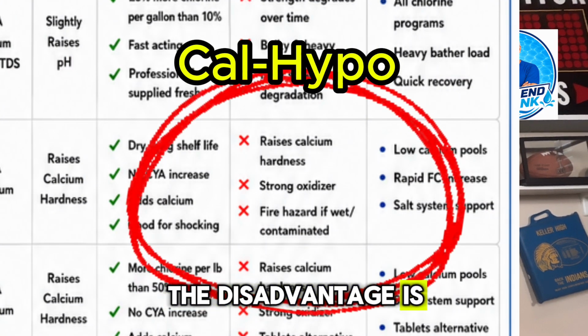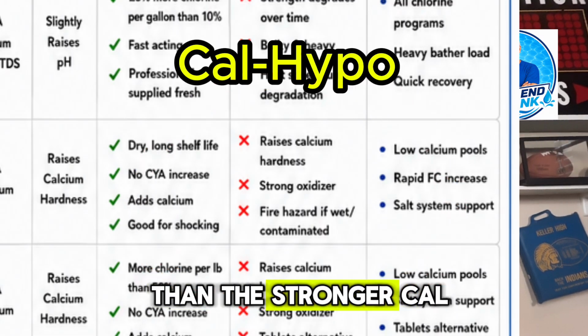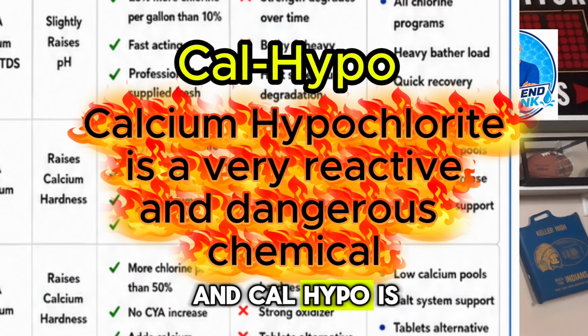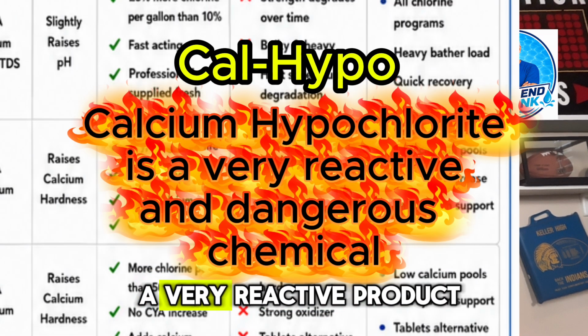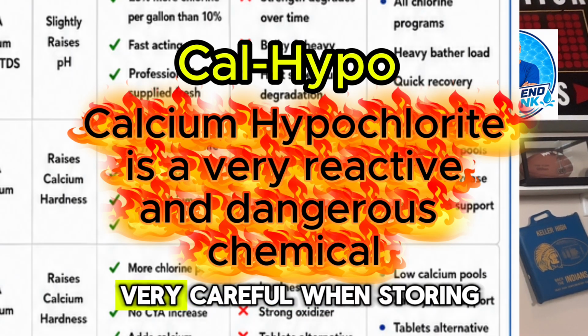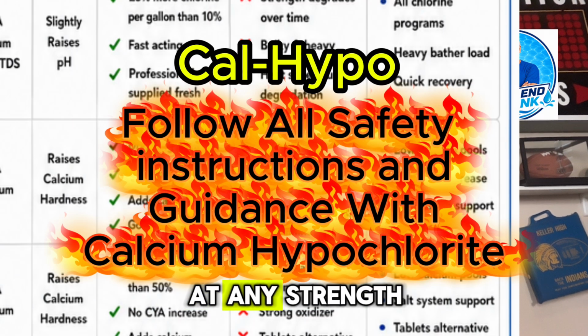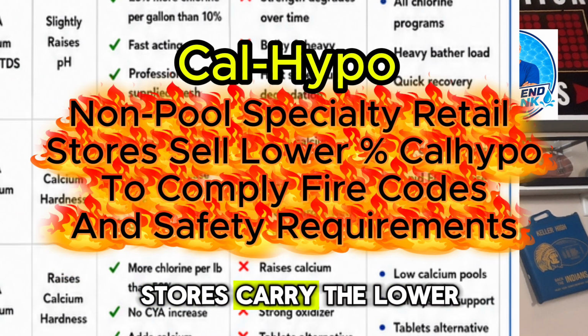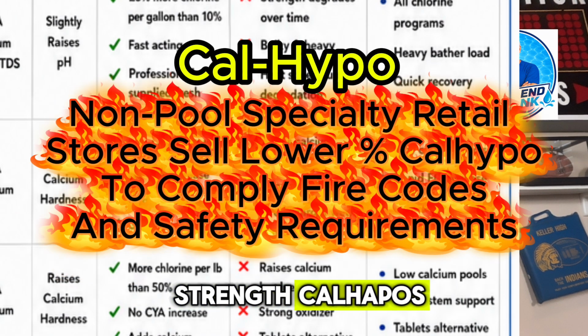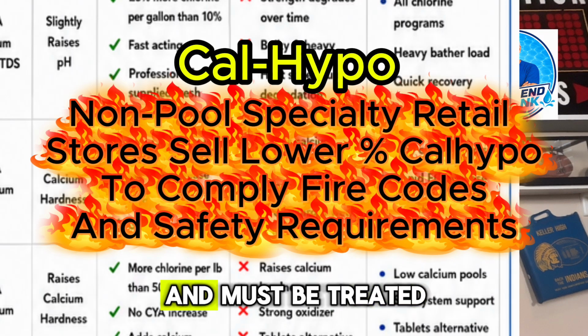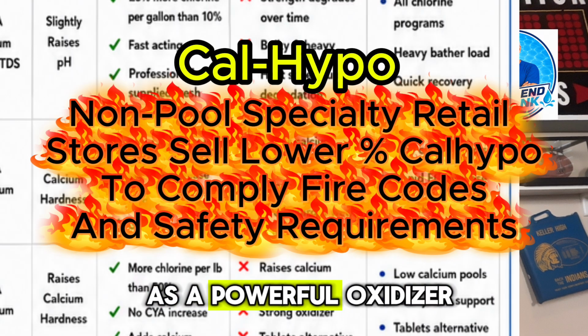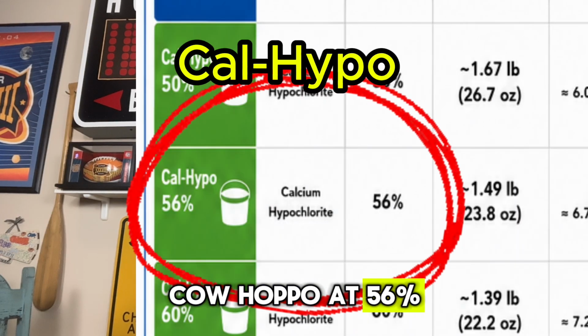The disadvantage is it takes more product than the stronger Cal-Hypo formulas. And Cal-Hypo is a very reactive product. You have to be very careful when storing calcium hypochlorite at any strength. The reason big box stores carry the lower strength Cal-Hypos is for hazmat reasons, and it must be treated as a powerful oxidizer.